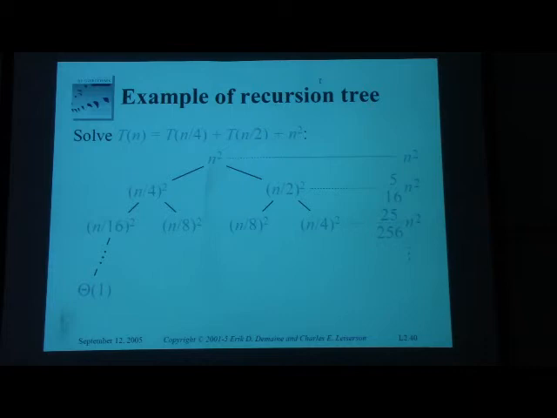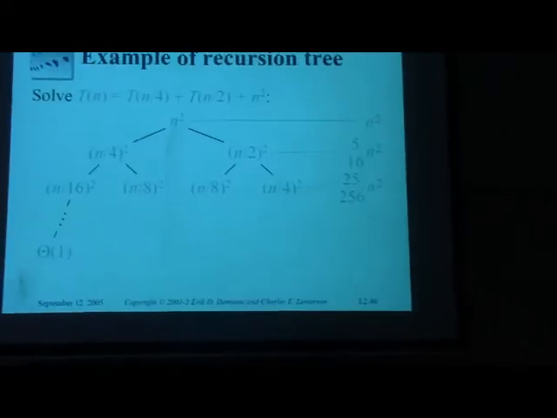Now, because the tree is not full, we are not going to get a complete tree like this, because there's going to be some parts that are going to be dropping out from this side as this one's continuing. So that means that if we continue this, we are really going to be looking at an upper bound, because we're not accounting for the drop-off.